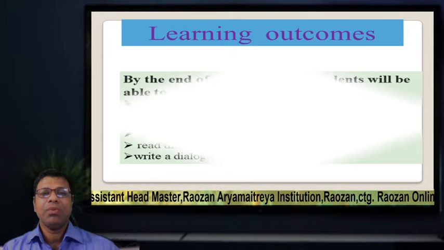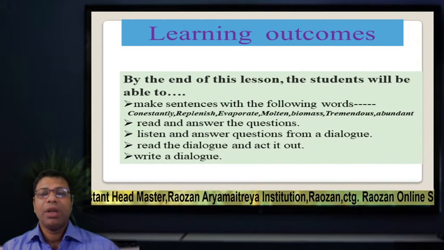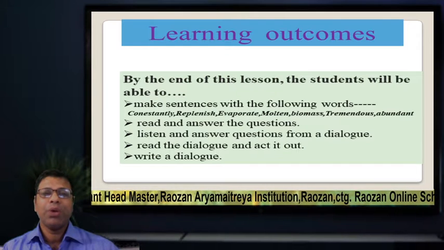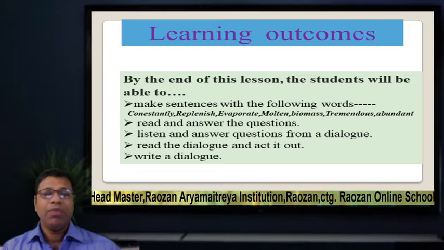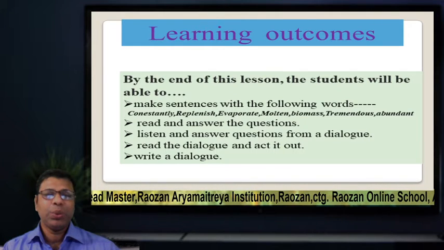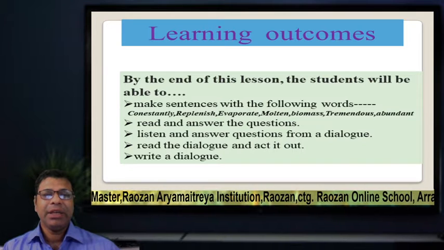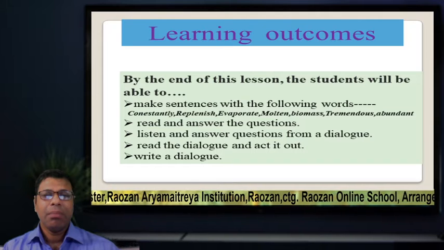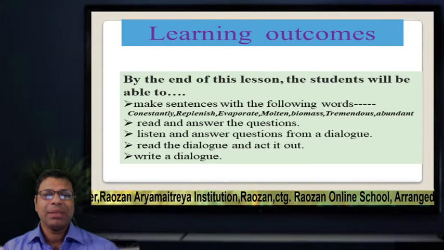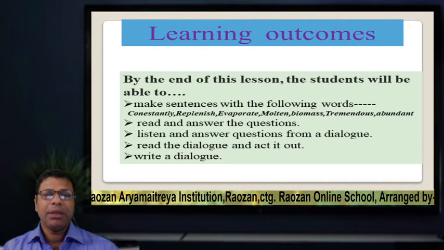Dear students, at the very beginning of the lesson, you will know what we are going to learn today. By the end of the lesson, you will be able to make sentences with the following words: constantly, replenish, evaporate, molten, biomass, tremendous, abundant.